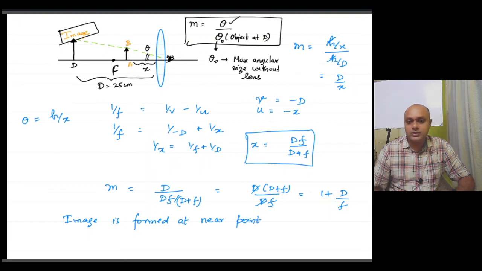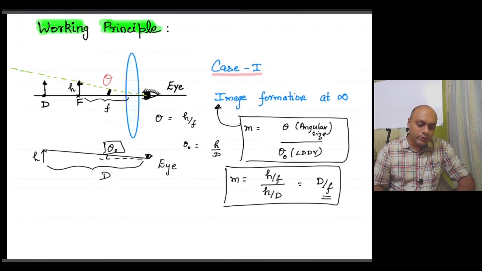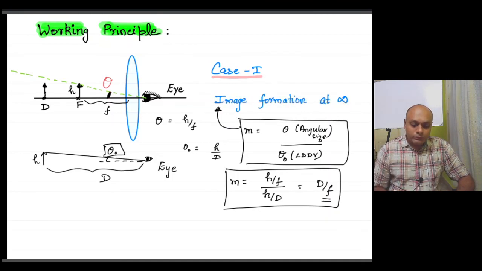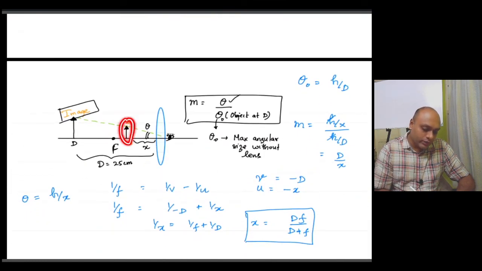Image formed at near point, that will be the best magnification that you can get with the help of a convex lens. So this is case 2 where image is formed at the near point, and the previous case was image being formed at infinity. Look at this, image formation at infinity: the magnification that you get is d by f. Now you shift the object closer to the lens and place it over here, so that the image forms at the near point.